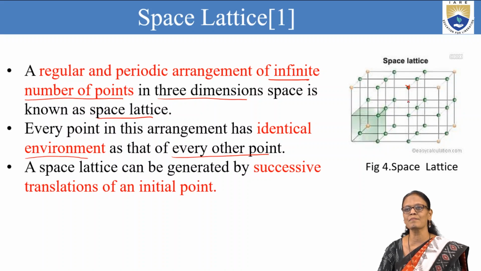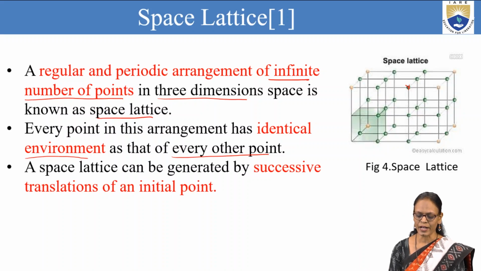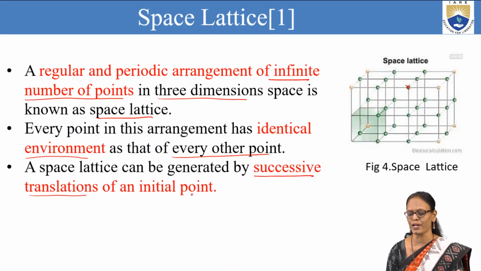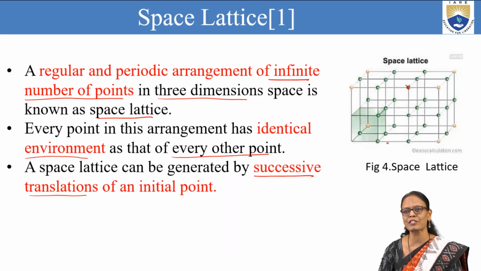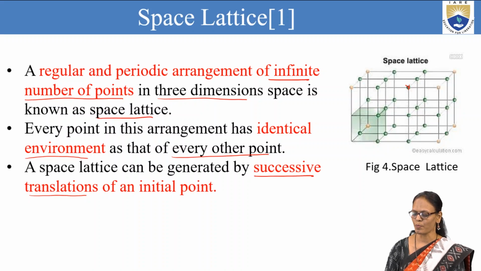All the other atoms are equispaced from this point, and when you take any atom, the environment is identical. And we get the space lattice by successive translations of the initial point. You take a point and translate it, meaning you measure the same distance and you will find another lattice point.